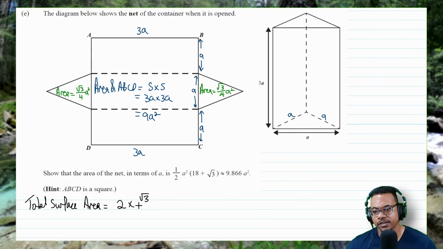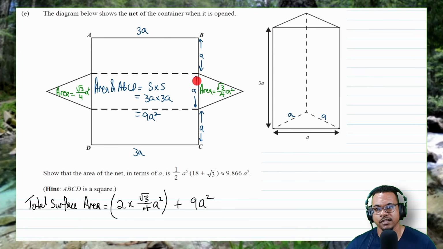So my total surface area is equal to 2 times the square root of 3 over 4a squared, because that's this twice, these two triangles, same thing twice. So 2 times, and plus the area of the square, which would be the 9a squared.